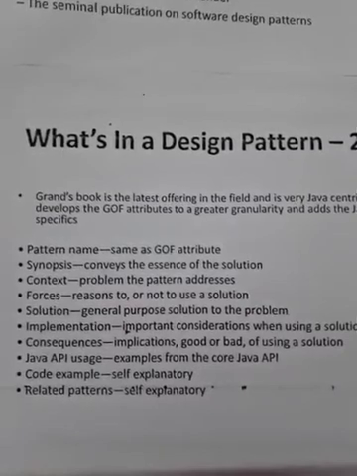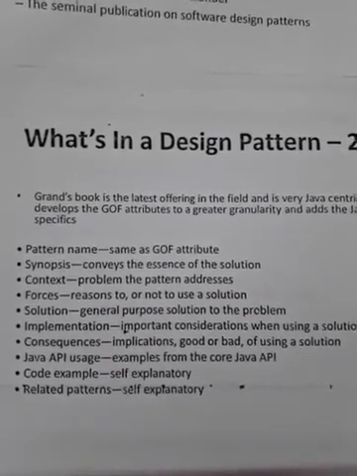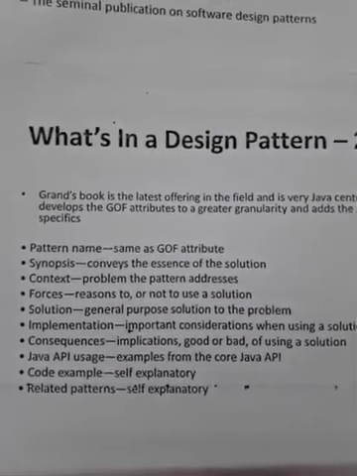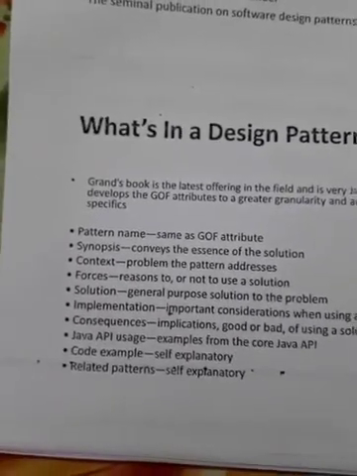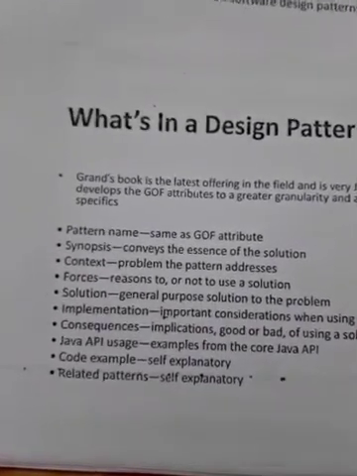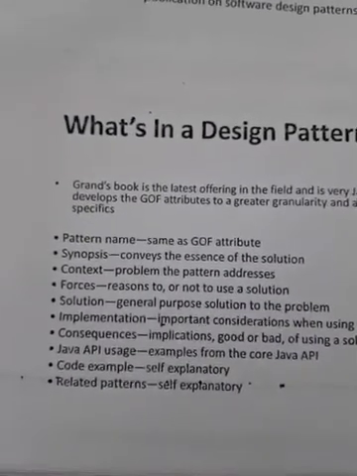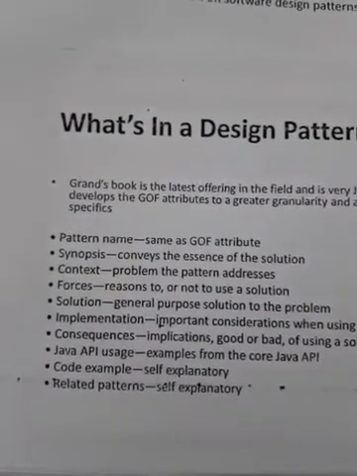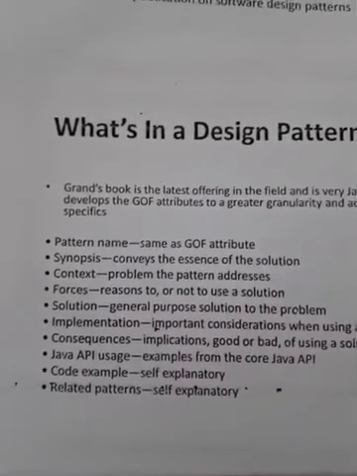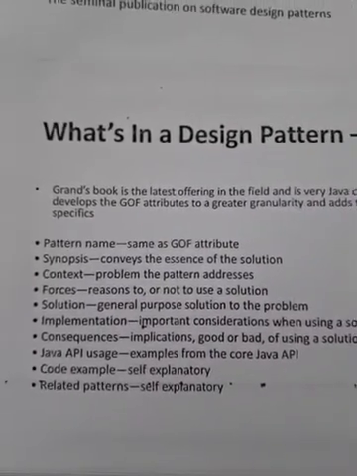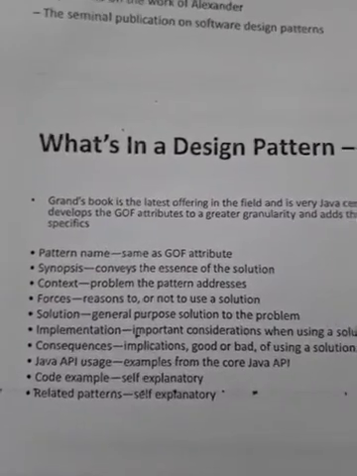Java API usage gives examples from the core Java APIs, and code examples in C, C++, Smalltalk, or Java. Related patterns are self explanatory. Based on these attributes, we describe our design patterns.